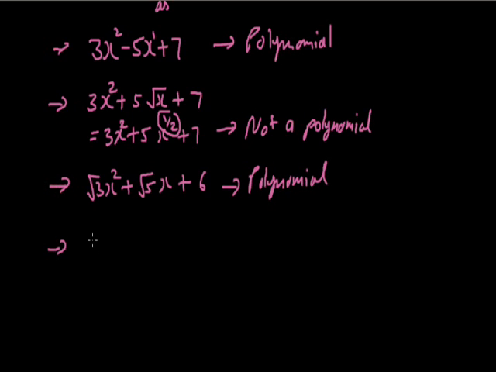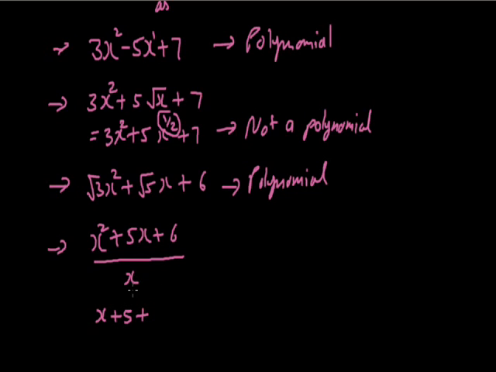Let's take one more example. x square plus 5x plus 6, divided by, let's say, x. Is it a polynomial or not? Dividing x square by x, we get x. 5x divided by x gives 5.